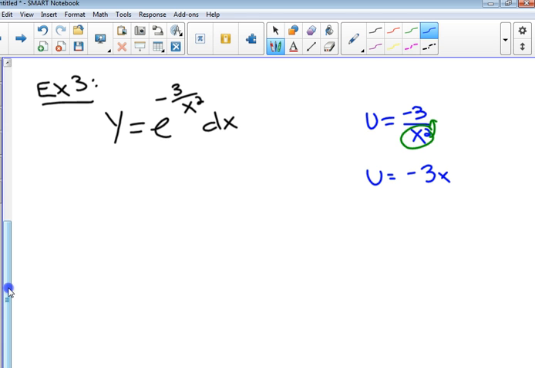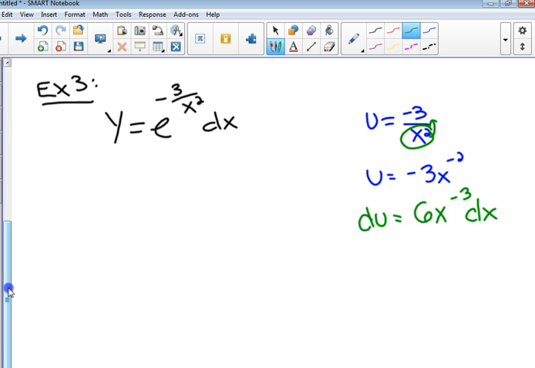Negative 3x to the negative 2. Yep, good. So when you do your du, what's 6x to the negative 3? This is your u. Just read it, because did you do any derivative? Good.